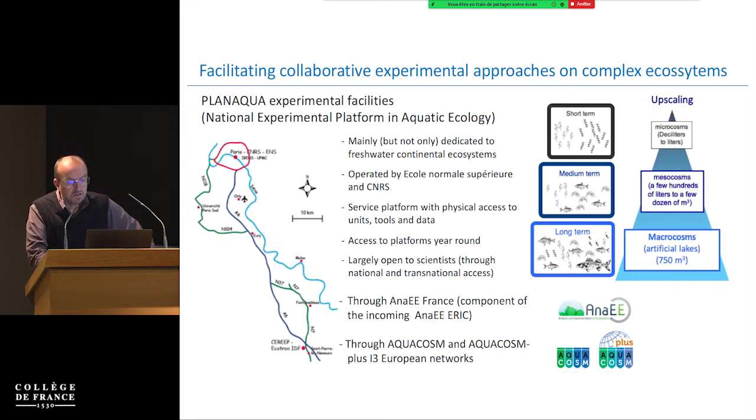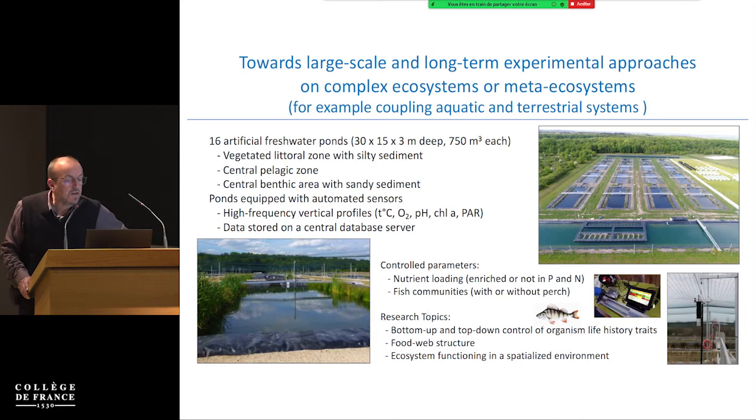They are more than 700 cubic meters in volume. And it is possible with these systems to deal with communities with top predators which are really piscivores and which are able to have their own dynamics.